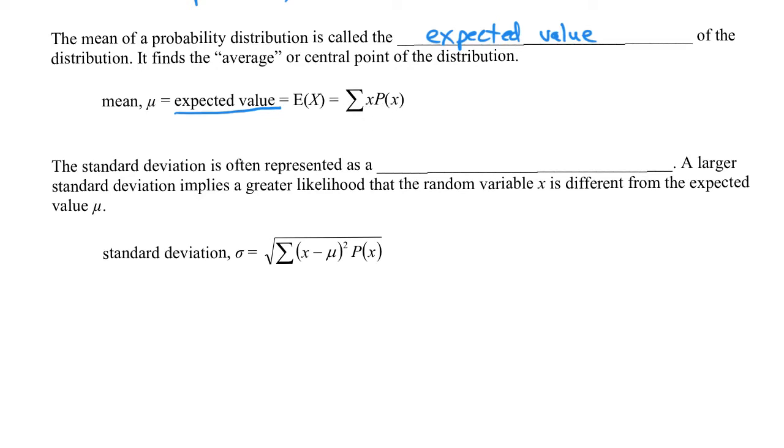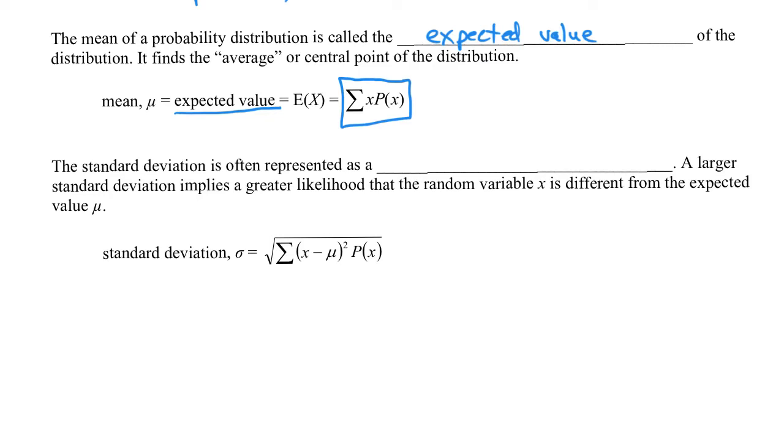And that's how we find the expected value of a distribution using this formula, which is actually much easier to use than it looks. So it seems like maybe it'd be a bit of work, but it's not really too bad. But the key is it's a population parameter, so we're working with populations now, and we're finding the expected value, which is just the mean of the probability distribution.